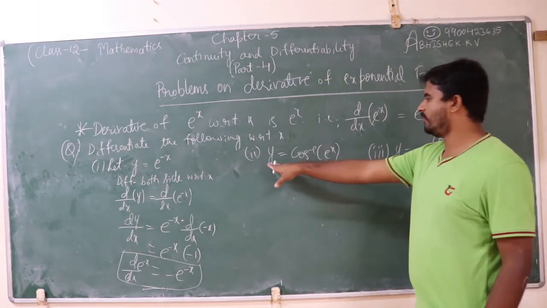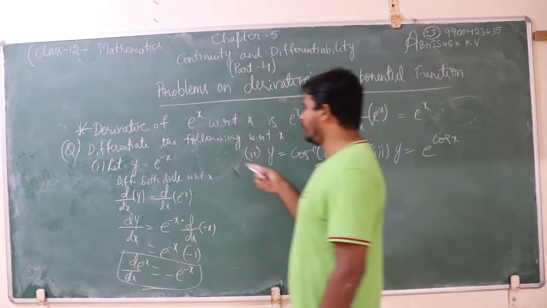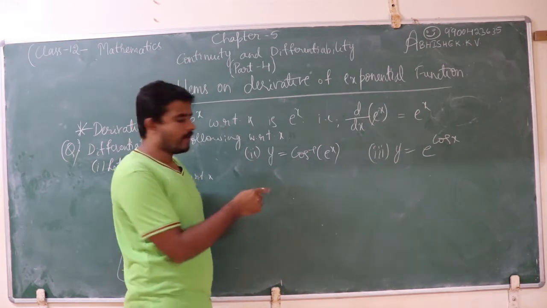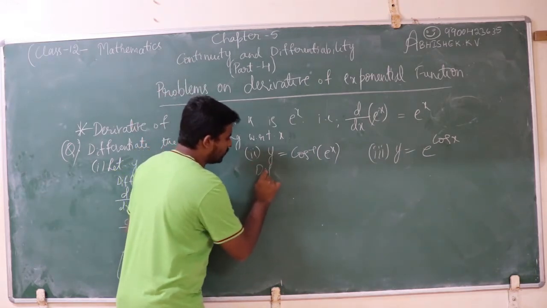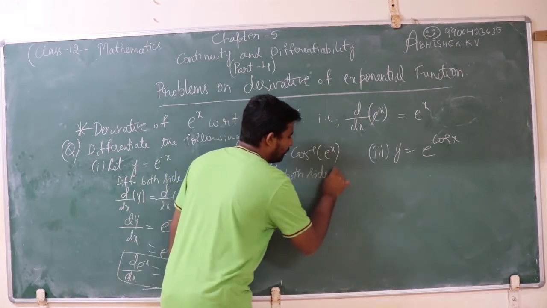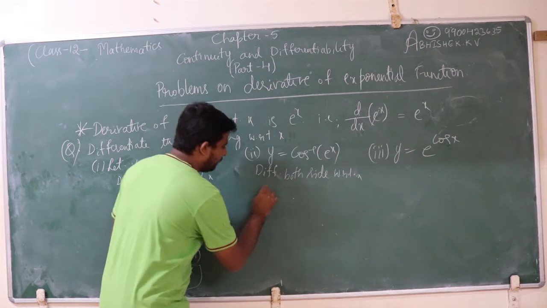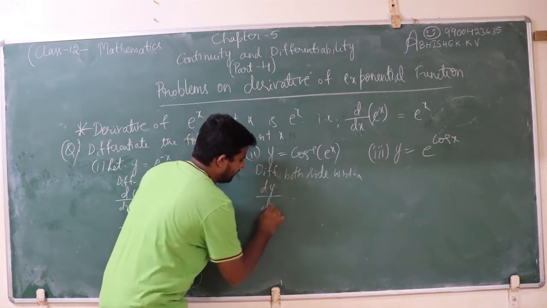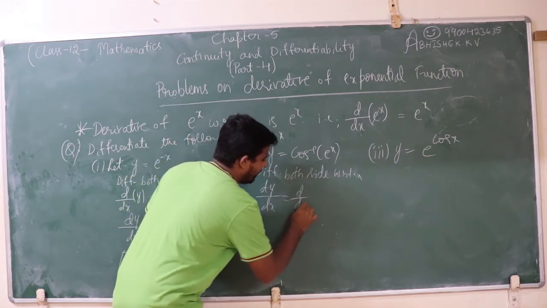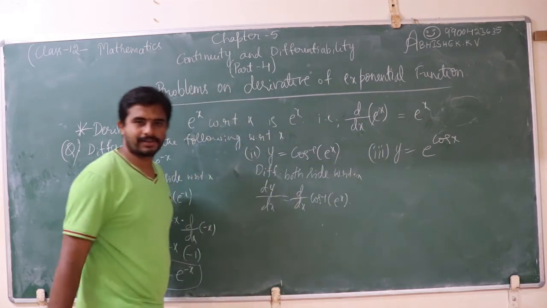The second one is y is equal to cos inverse of e to the power of x. We need to find the derivative for this function. So, differentiate both sides with respect to x. Then we get dy by dx is equal to d by dx of cos inverse of the exponential function.